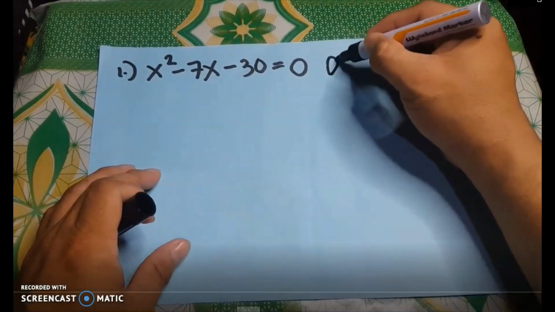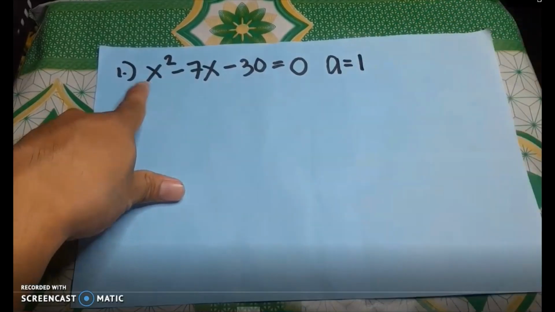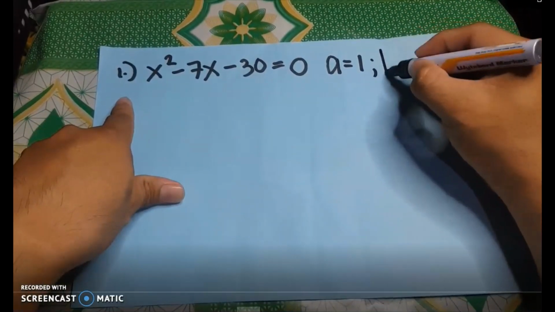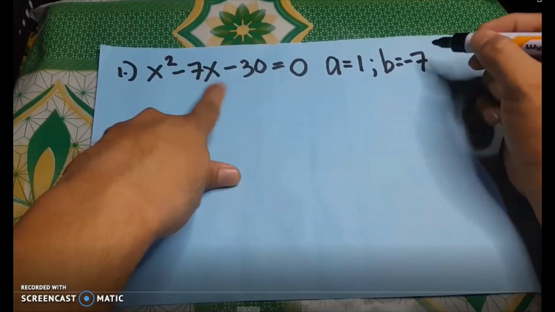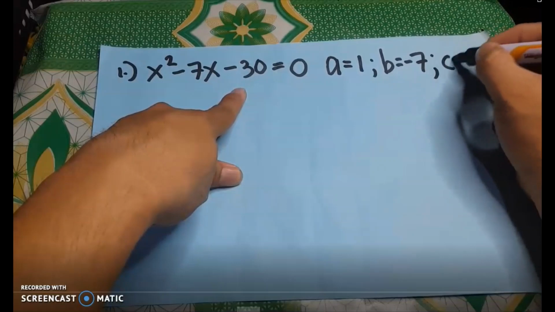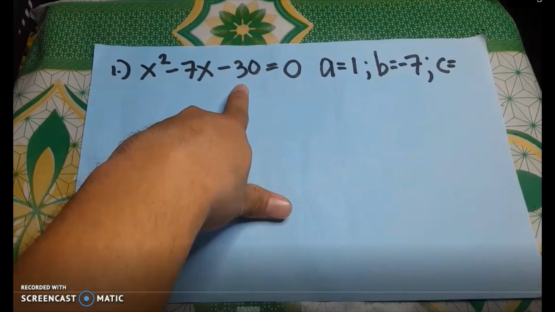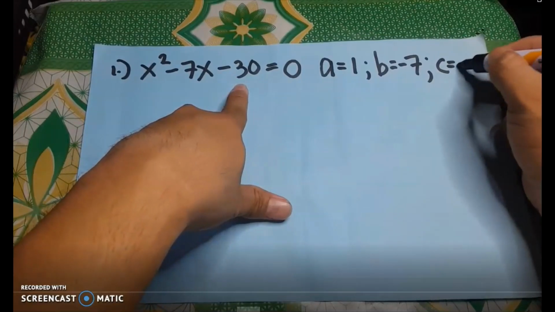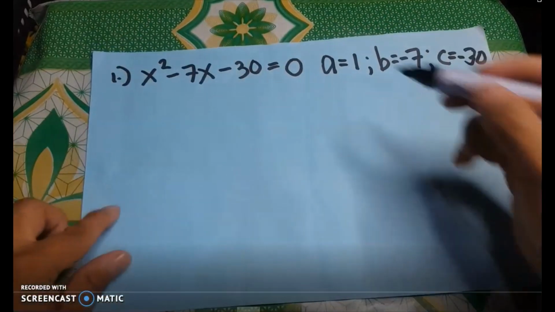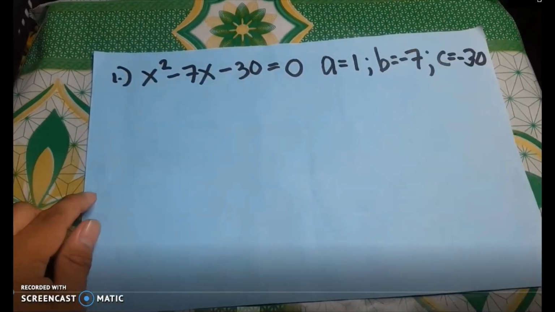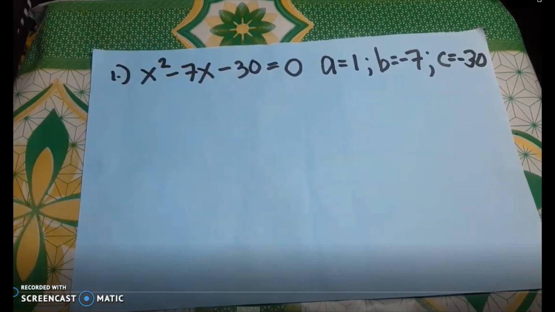So we have first the value of A, which is equal to, that is the numerical coefficient of x squared, that is 1, and the value of B, the numerical coefficient of the linear term, that is negative 7. Then the value of C is the numerical coefficient or the constant term of the quadratic equation, that is negative 30. So with these values and using the quadratic formula, we are going to come up with the solutions to this given quadratic equation.